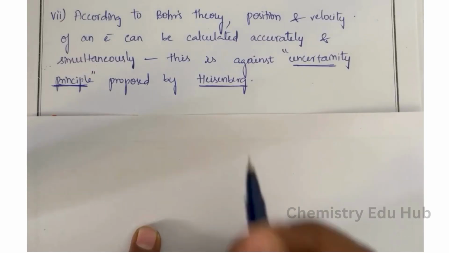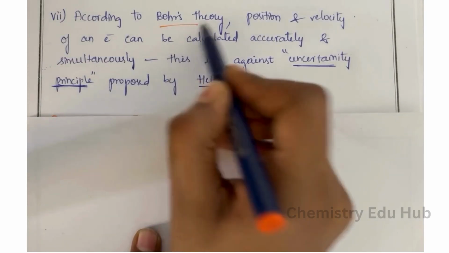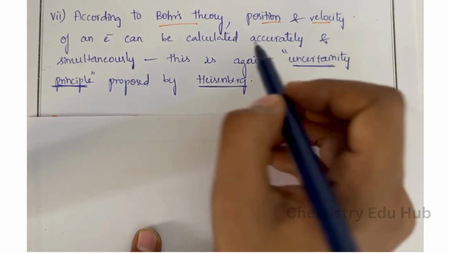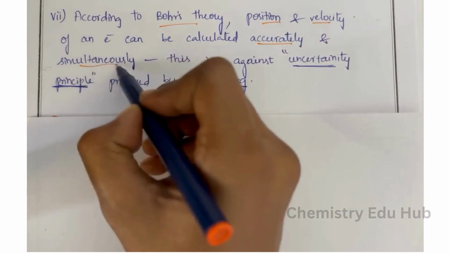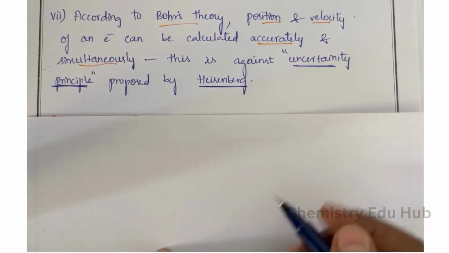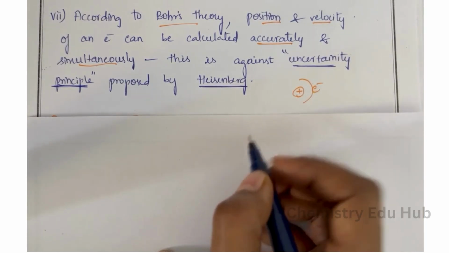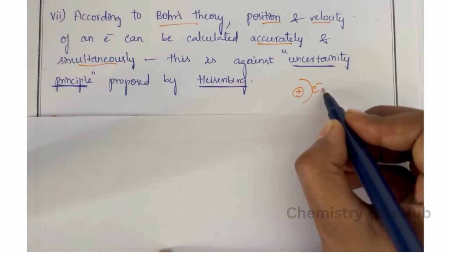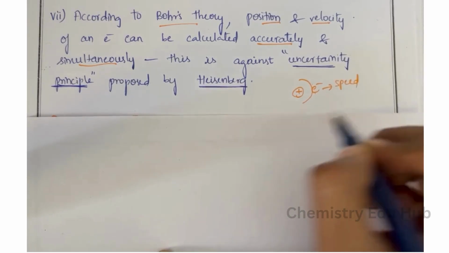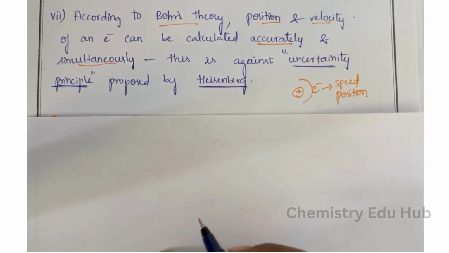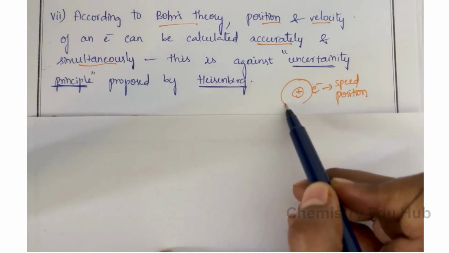The last and the most important demerit of Bohr's theory is, according to Bohr, position and velocity of an electron can be calculated accurately and simultaneously, which means he says that the electron is revolving around the orbit. So in that case, we can know the speed with which the electron is moving and the position where the electron exactly is, because he considered it an orbit.